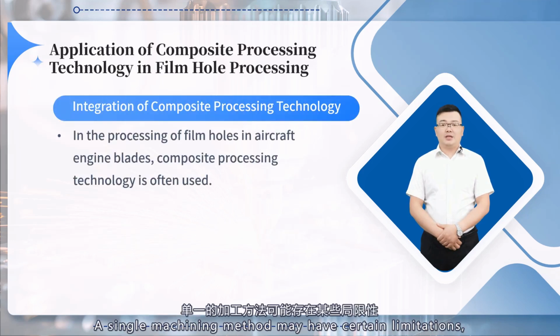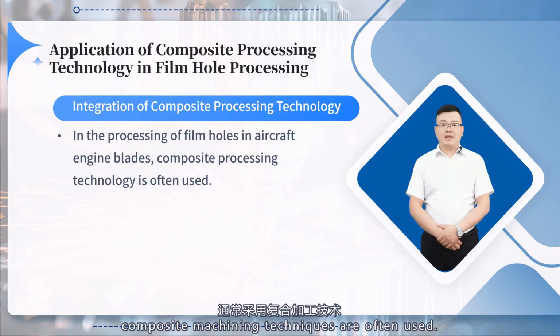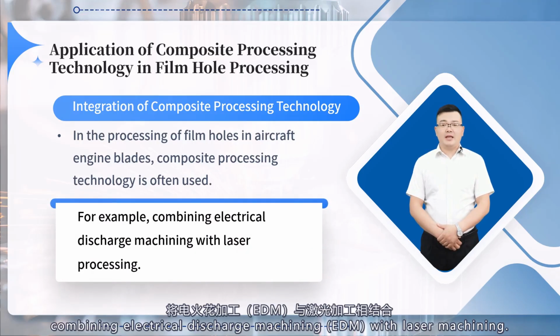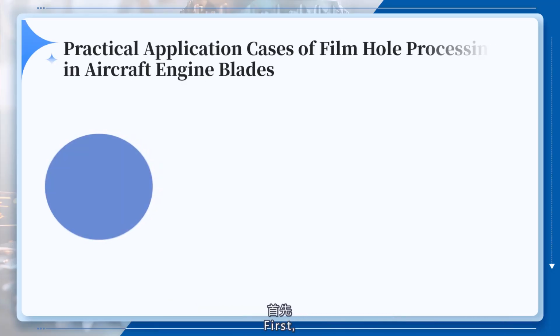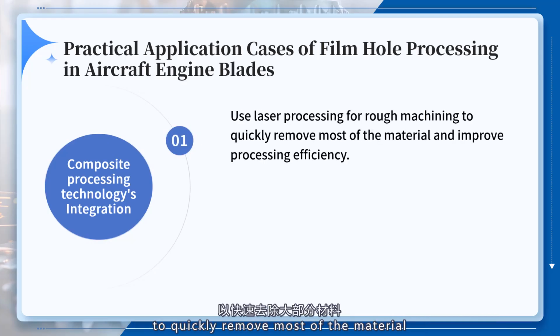A single machining method may have certain limitations, so in the processing of film cooling holes in aircraft engine blades, composite machining techniques are often used. For example, combining electrical discharge machining with laser machining. First, laser machining is used for rough machining to quickly remove most of the material and improve processing efficiency.